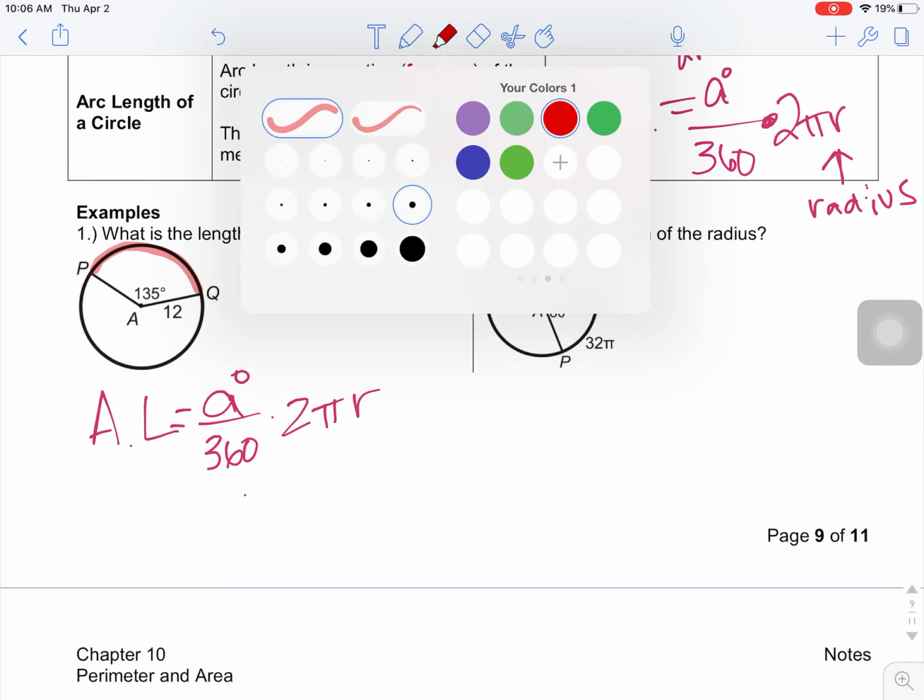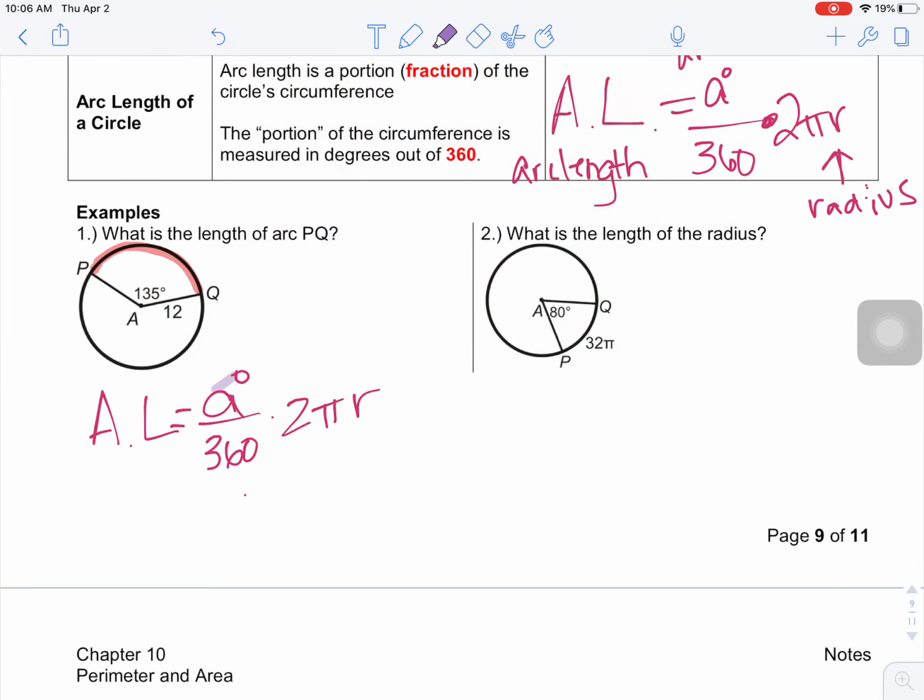And here, all I need to know is which values I'm supposed to be substituting in. I need the arc measure and the radius. Since I'm given a central angle, I know the arc is going to be 135 degrees, times 2 times pi times 12.